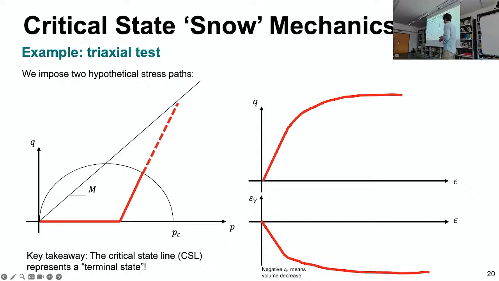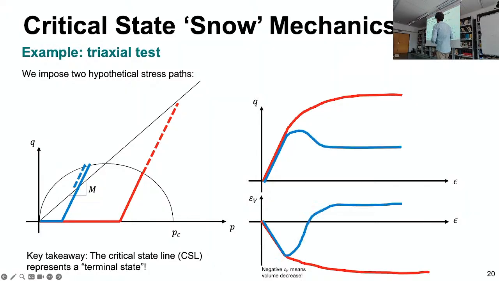But what if we take a different stress path? So we isotropically compress until this point, then we start shearing. We reach the yield surface as before, but now because we are on the other side of the ellipse, we're going to have dilation and we're going to have volume increase until we reach the critical state line. So in all cases, we are reaching a terminal state, which is the critical state, but the way we get there is different.